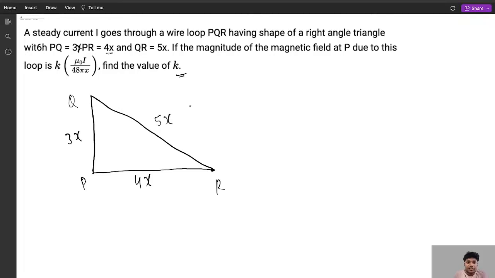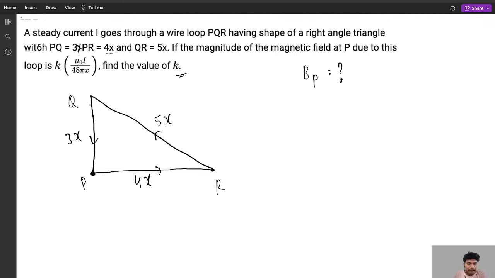Here are the dimensions. We have to find the magnetic field at point P due to this loop, B at P. The current is going in the loop like this. Whichever direction you take, it will be the same, only the direction of the field at point P will change.